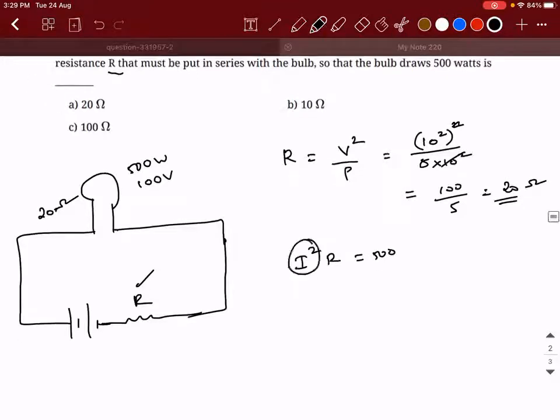Yes, sir. Since R will be 20, I square will be equal to 500 by 20. Okay, you found the current through the bulb like this. How much is that? 25. So I square is 25, sir. So I will be 5 amperes. That's correct. Current through the bulb is 5.